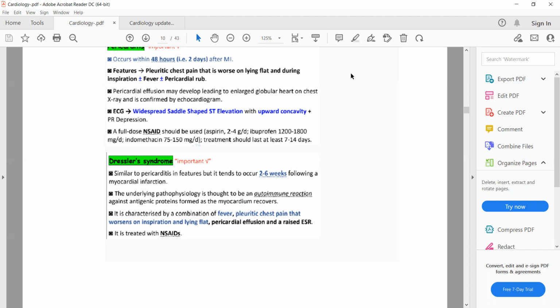Even the management, a full dose of NSAID, is used in both conditions. Only the underlying mechanism is different. Dressler syndrome is basically an autoimmune reaction which can only occur 2 to 6 weeks after MI.